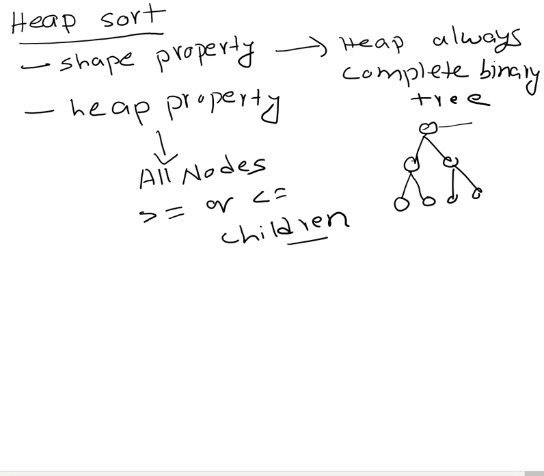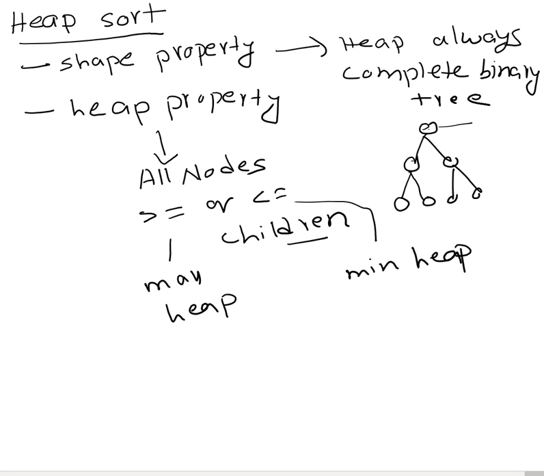This node should be greater than or equal to these 2 or less than or equal to these 2. If it is greater than or equal to 2 means we call as max heap. If less than or equal to means we call as min heap. These are the two properties we need to know.